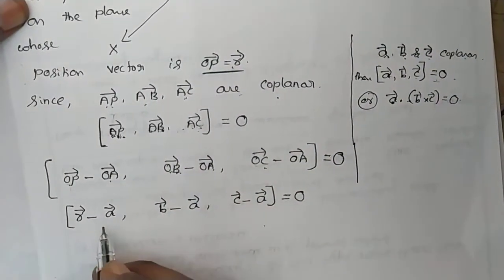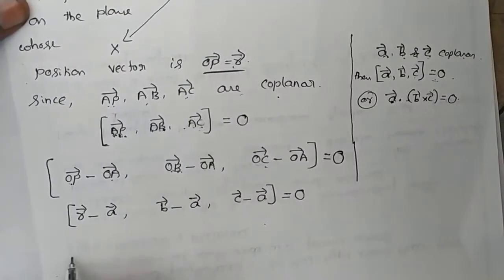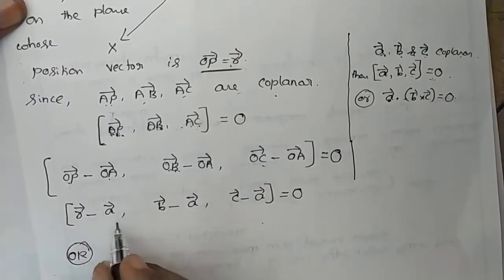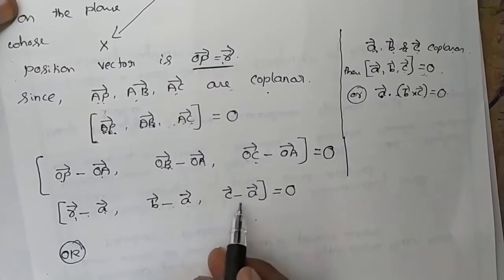Hence it is a vector form. Or else you can write this one in the form of (R minus A) dot (B minus A) cross (C minus A).